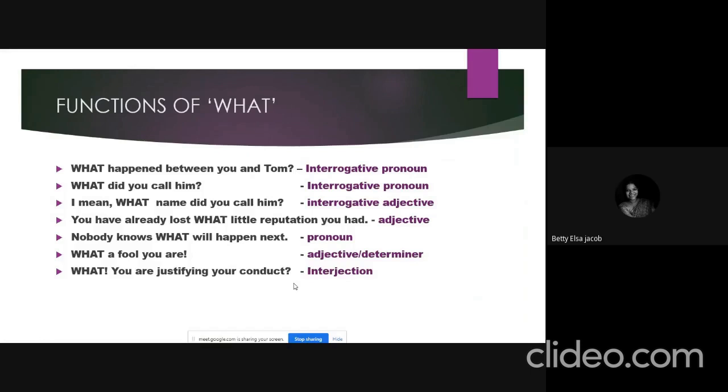So, it's not interrogative, but it is an interjection because it shows the emotion or feeling of the speaker. So, I hope you understood the functions of what and how to understand what role what performs in a particular sentence. So, it can be an interrogative pronoun or an interrogative adjective or simply an adjective or a pronoun or interjection.